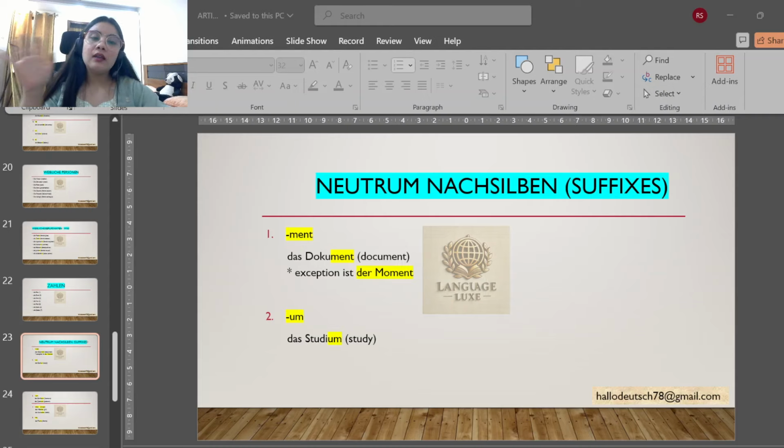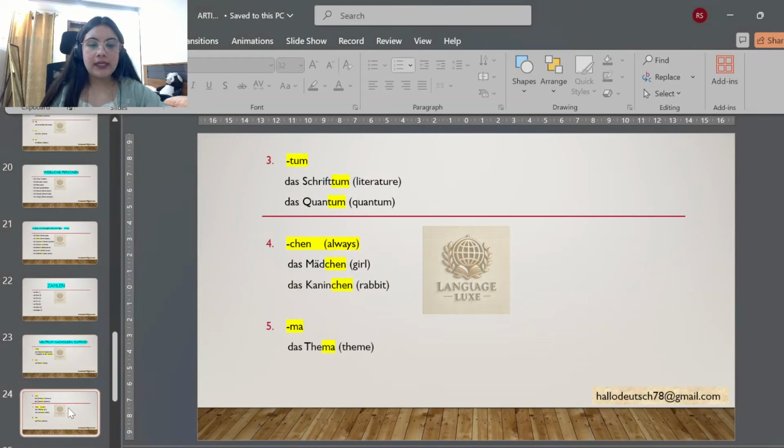Otherwise, -ment is das. Then comes das Studium, study. So -um is coming, which is why it is Neutrum in nature. Tum, das Schriftum. -tum is coming in the end, which is why it will be das in nature, literature basically.